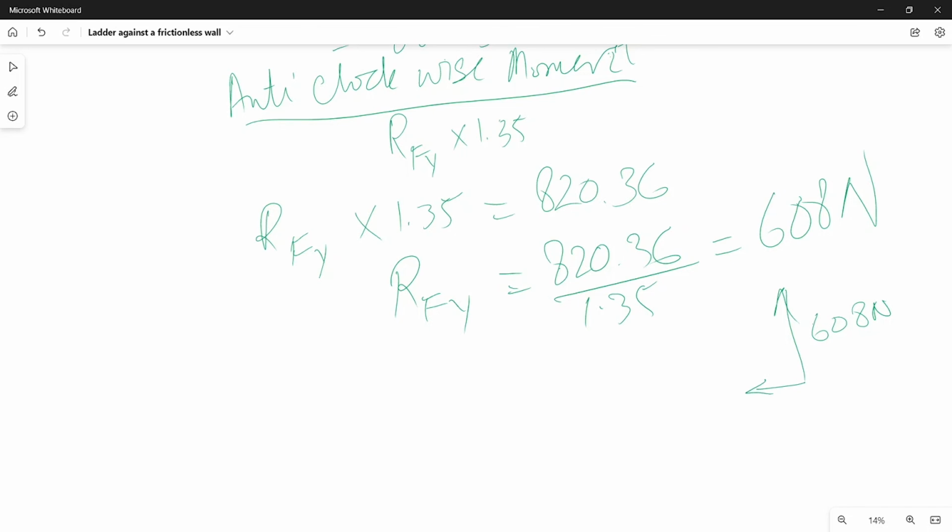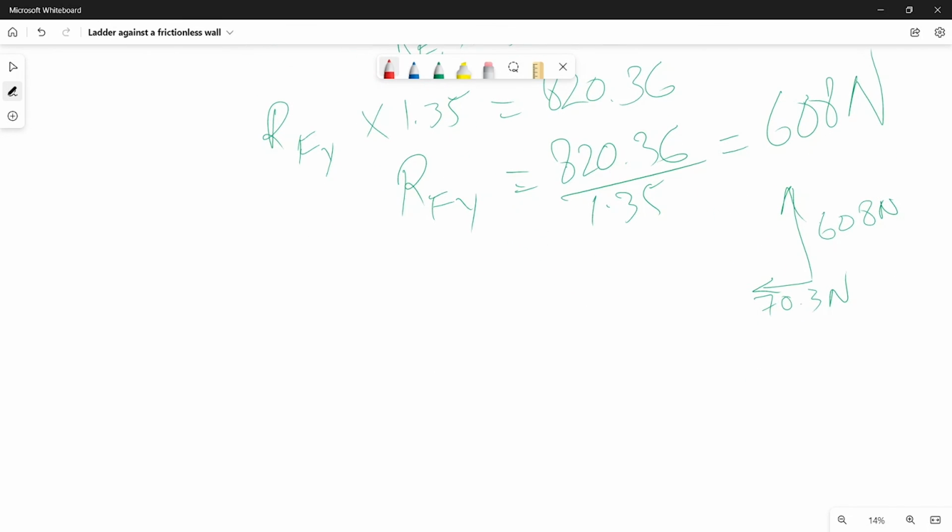We have the other, which is 70.3 Newton. And I just take another color to make it clearer. So if you see, we can do it like this. Here, this is 70.3, head to tail rule. This is 608 Newton.